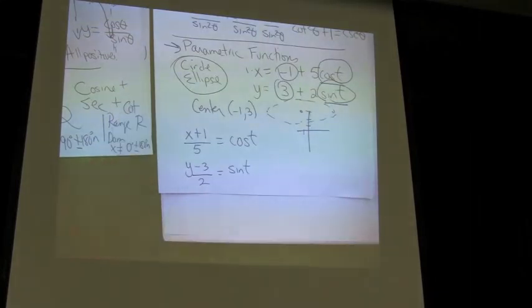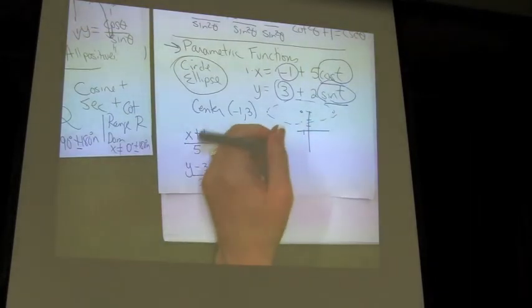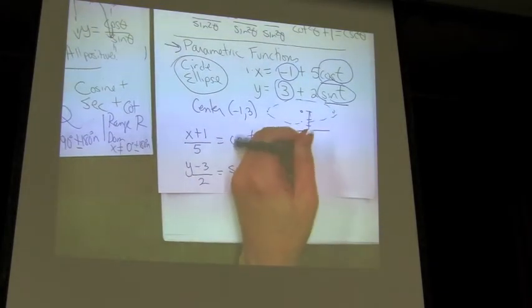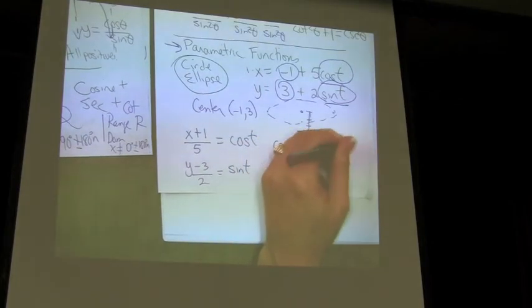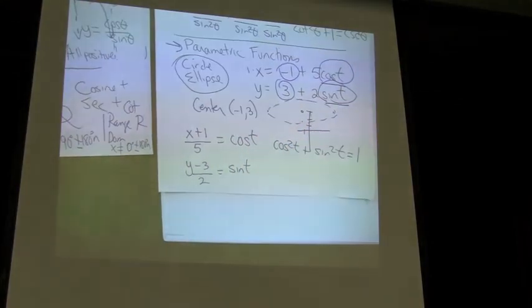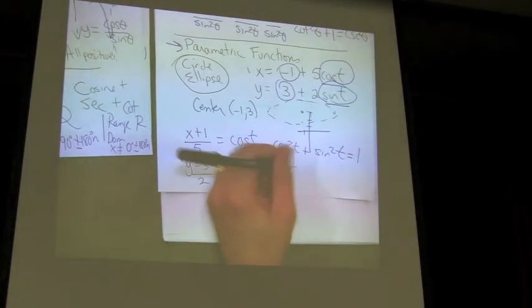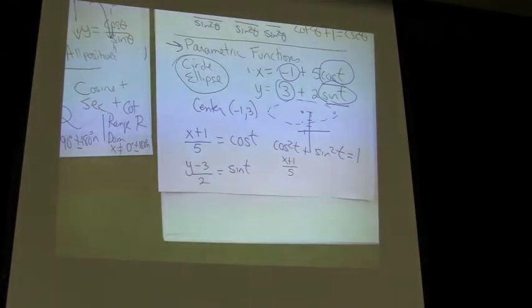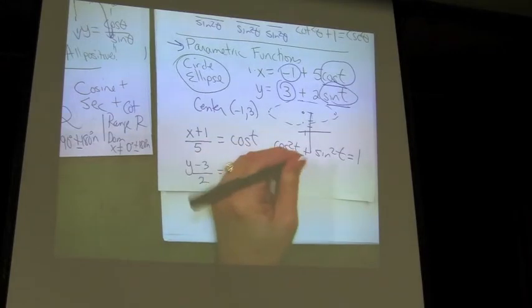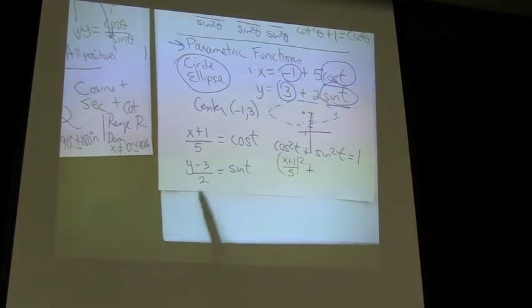Then, since we proved that this formula, that cosine squared of anything plus sine squared of that same anything equals 1, we substitute, instead of cosine t, we put x plus 1 over 5, and then we square it. Then for sine, we do what?